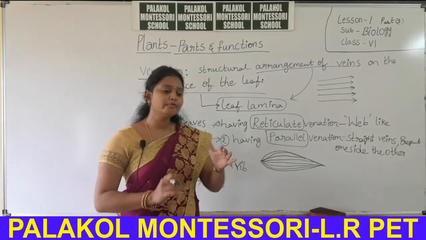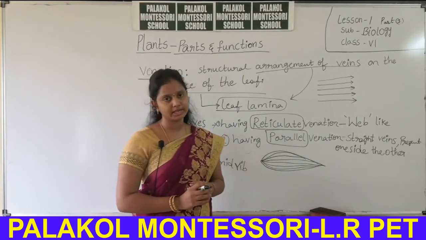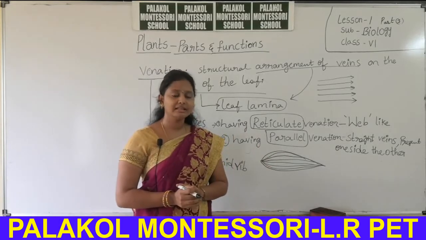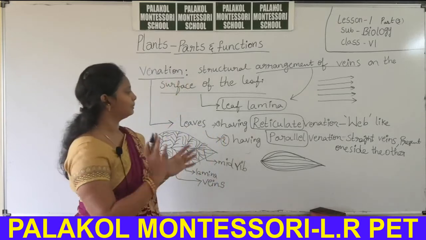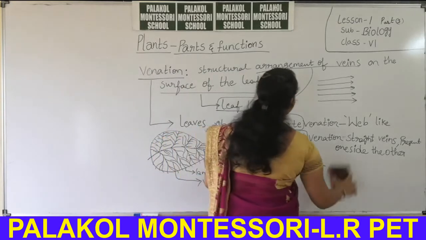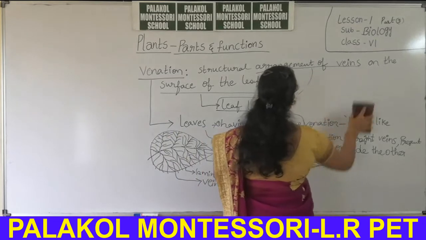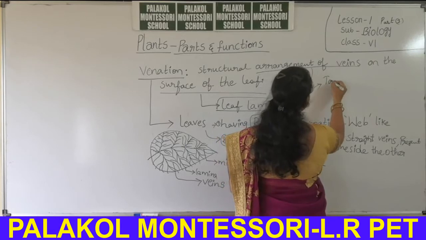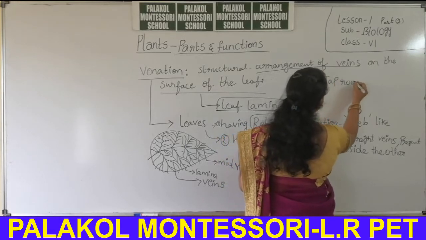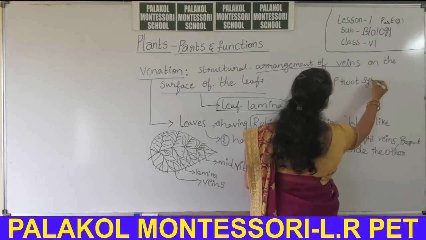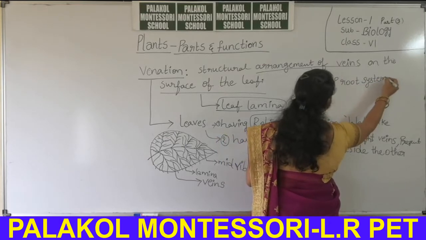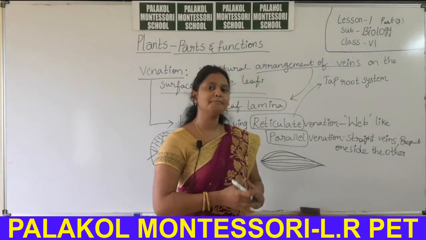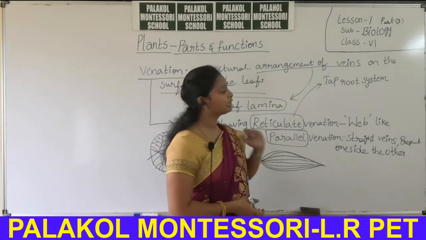Okay, which type of plants have reticulate venation and which type have parallel venation? Very simple. Plants with reticulate venation have a taproot system. You should easily recognize that taproot plants must have reticulate venation.